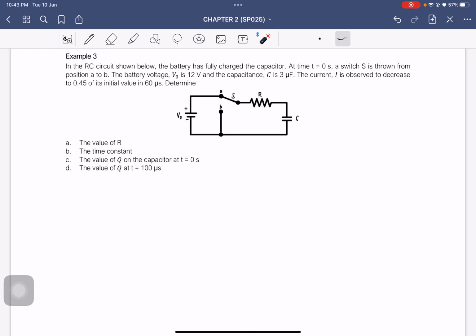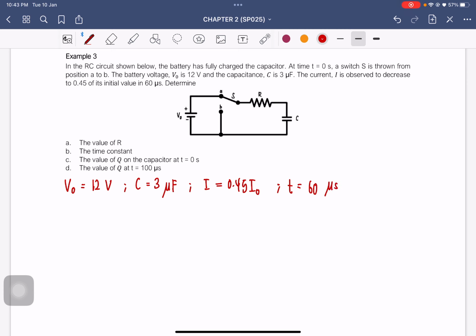So let us just extract what we know. We know that the maximum voltage is 12 volt, and then capacitance is given as 3 microfarad. The current decrease to 0.45 of its initial value in 60 microseconds.